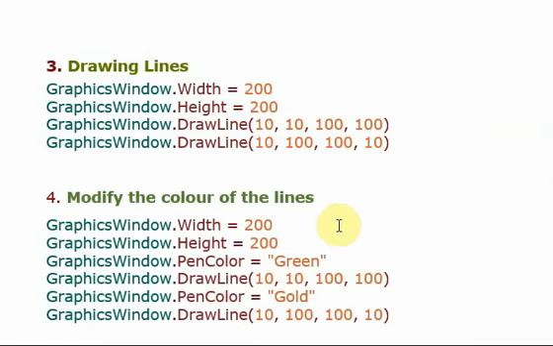We are going to draw a line here. Now GraphicsWindow.Width 200, GraphicsWindow.Height 200, GraphicsWindow.DrawLine. This is the command. Then 10, 10: this is the starting position, x 10, y 10. The next two values are considered as length and height.